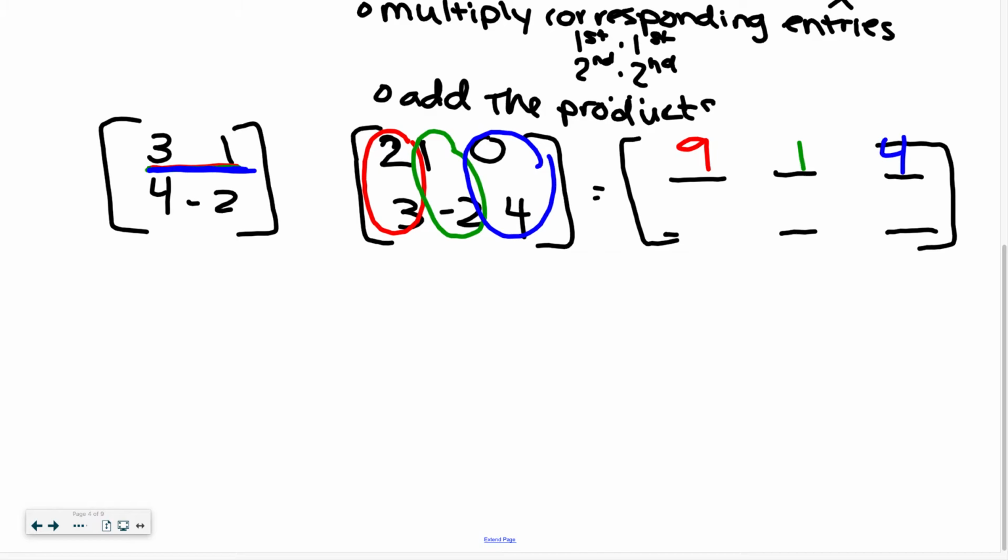So let me know if you're having trouble. Yes, first entry by first entry, second entry by second entry. But one's a row and one's a column.